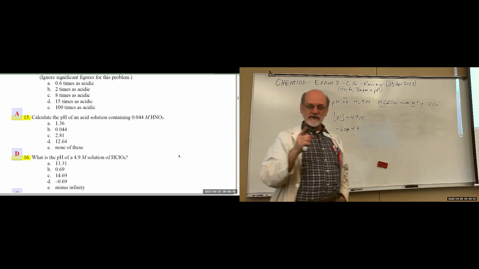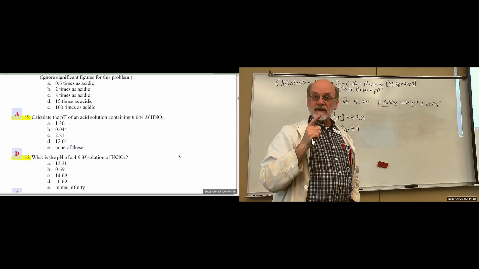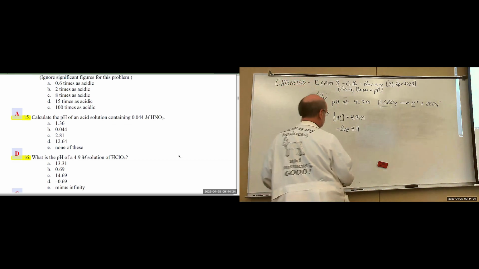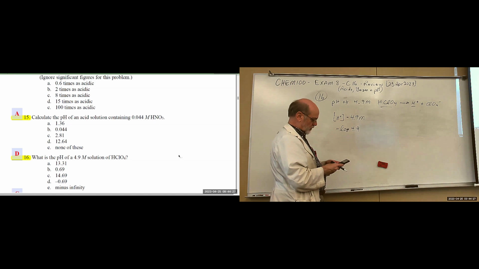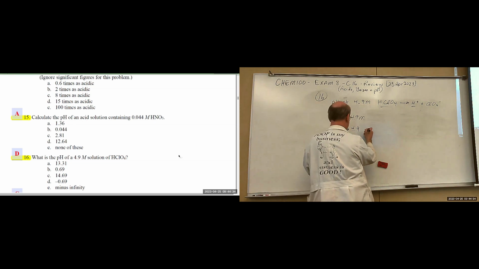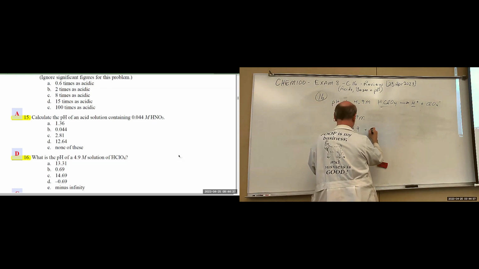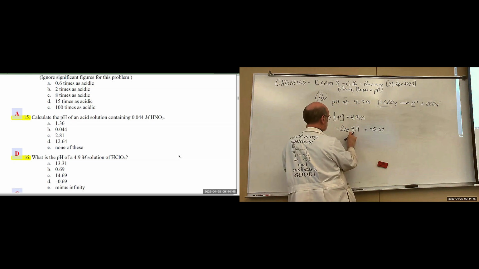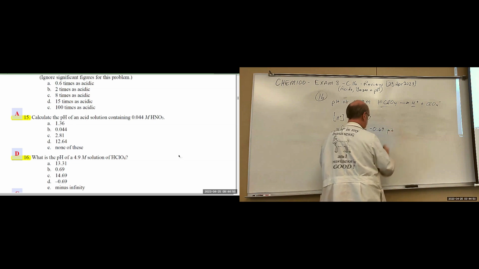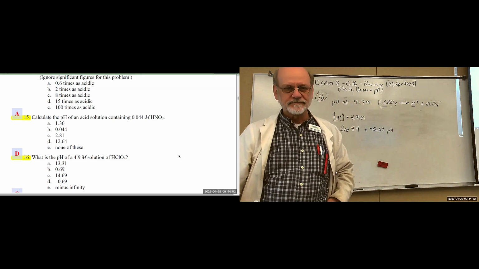I think the point of this problem is to prove that you can have a negative pH. And what's the log of 4.9? 4.9, take the log, and then change the sign. So we got minus 0.69. Yeah, two significant figures, 2 decimals, that's right. pH minus 0.69.